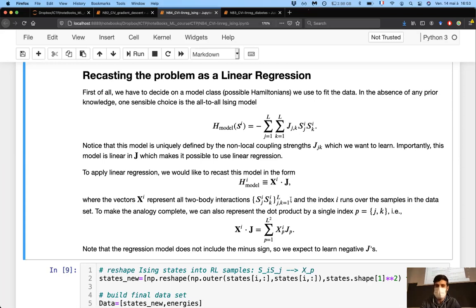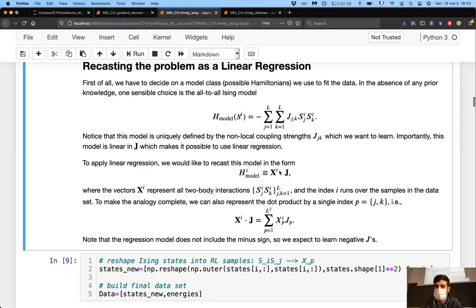Okay. And our task is to learn this coefficient J. So you see what I called Xi now is the vectorized form of this product. A component of Xi is one product like this.